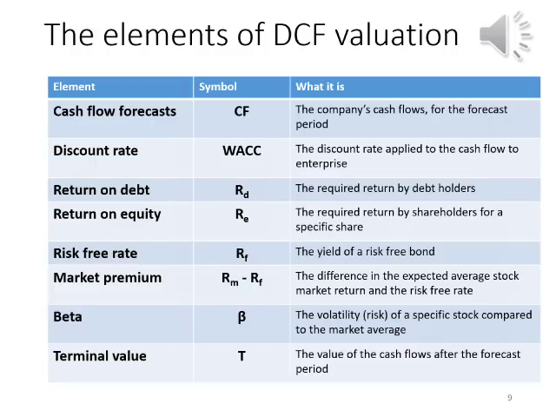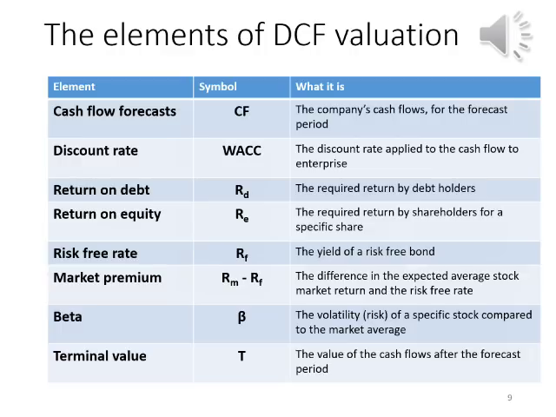Risk-free rate, RF, refers to the yield of a risk-free bond or instrument, which is typically expressed through the yield of a 10-year government bond. Market premium, RM minus RF, refers to the difference between the expected average stock market return and the risk-free rate.